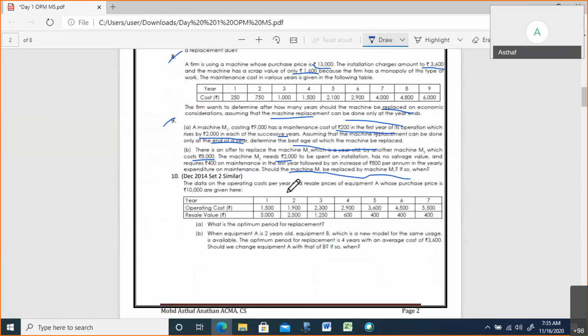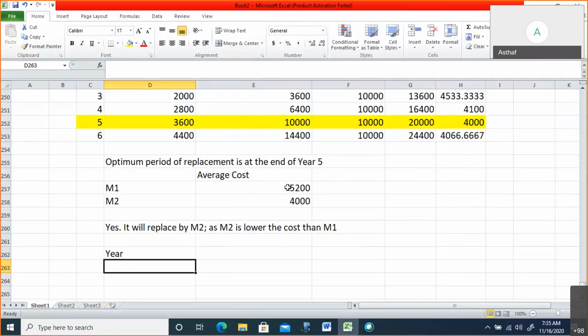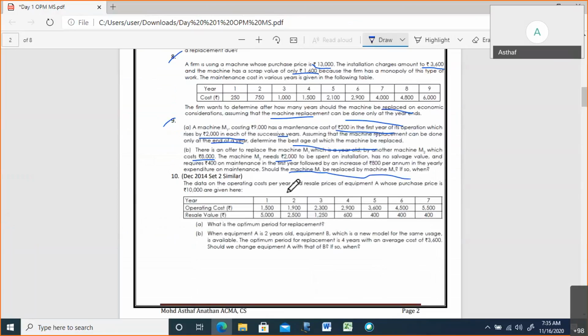the next part. If so, when? For that you have to make a chart. So M1 is already 1 year old.